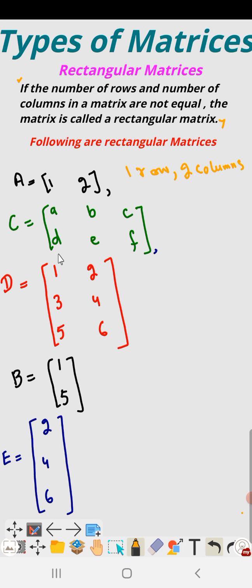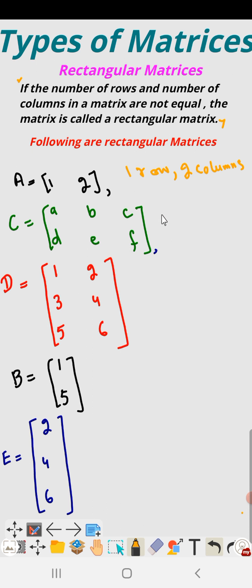Now we see matrix C. We see that there are two rows and three columns in matrix C. Row 1 and row 2, column 1, column 2, column 3.